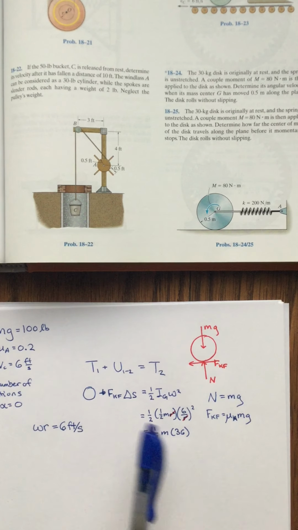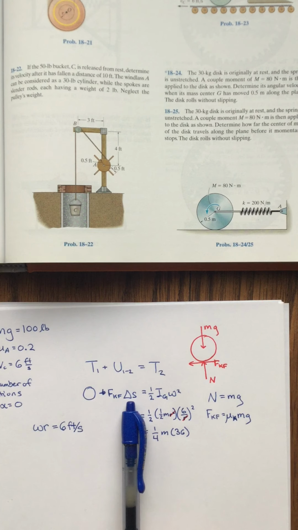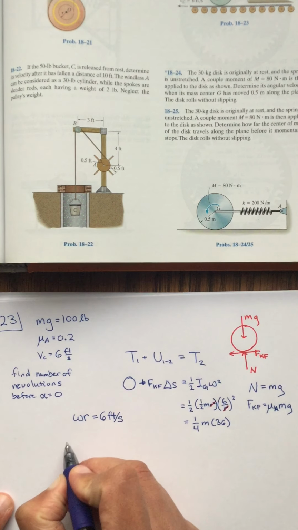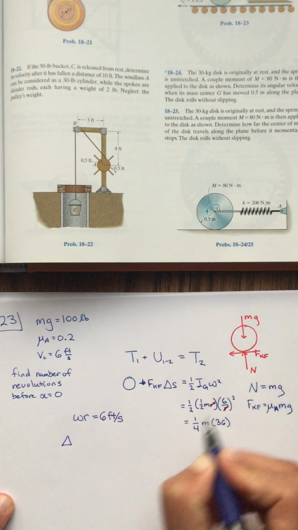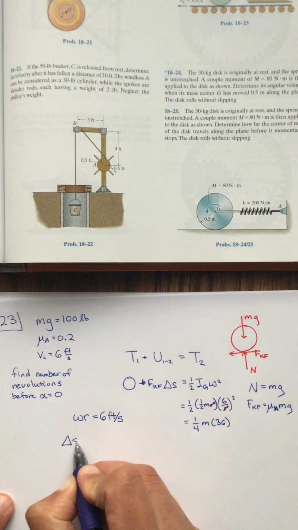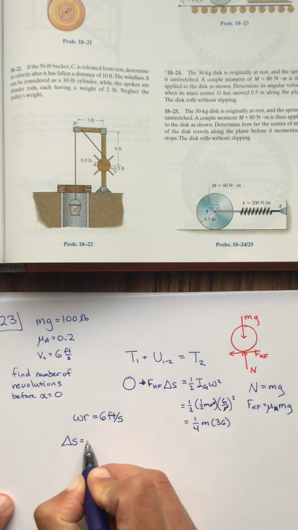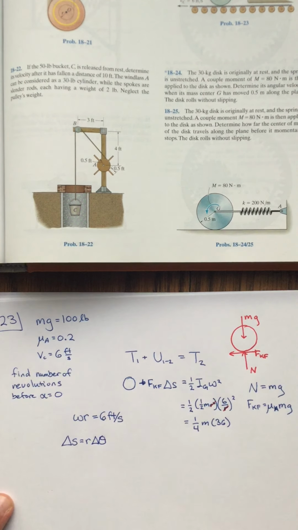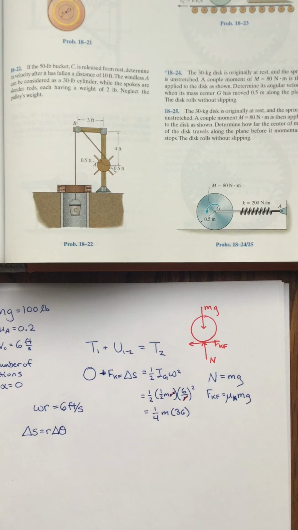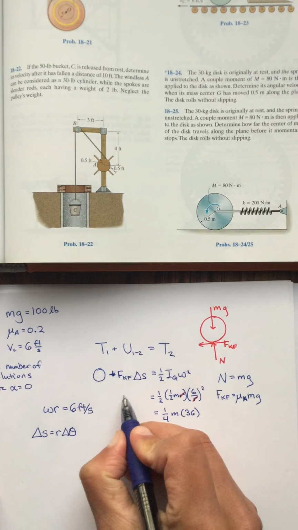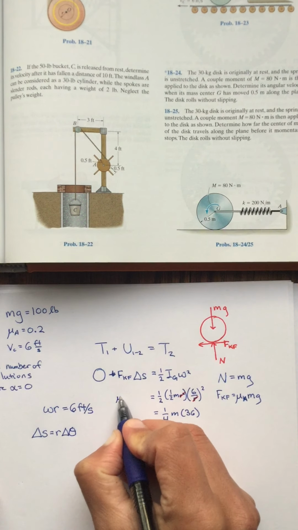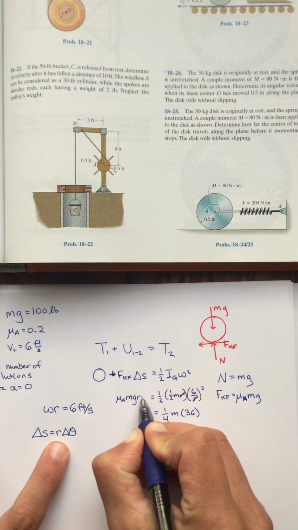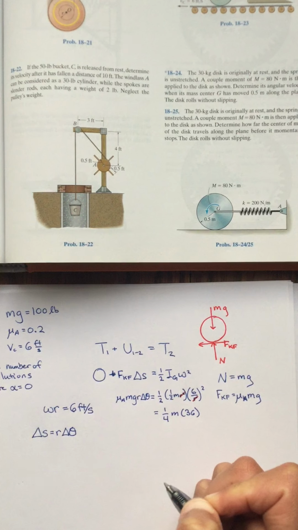So we want to relate this delta S to the change in angular position, which we can do using the arc length formula. So the distance that a point on the wheel travels is equal to the radius of the wheel times the change in angular position. Okay, so this is F_k, that's mu A mg, and then delta S is r times delta theta.